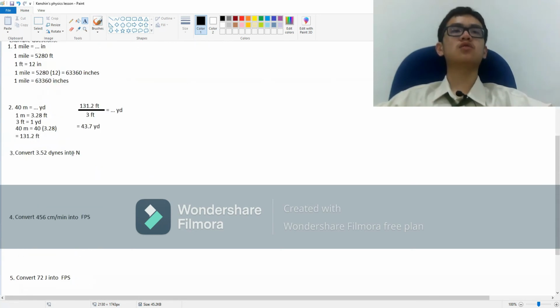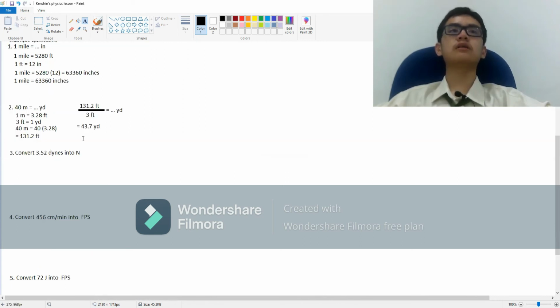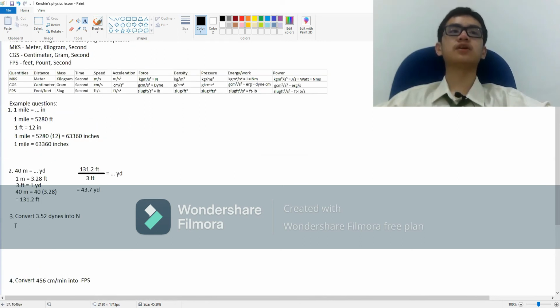Now, this isn't so simple as the first two. As you see, a dyne is gram centimeter per second squared. A newton is a kilogram meter per second squared. The top two units don't exactly match up together. So we're gonna have to be a little bit more creative here.